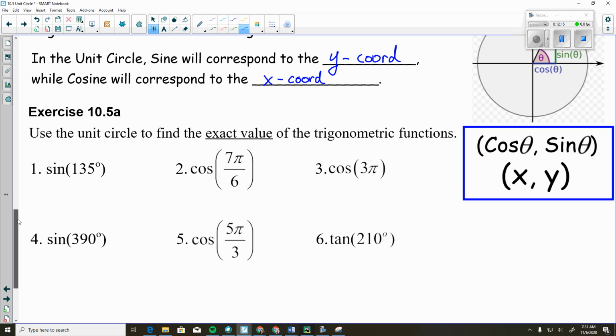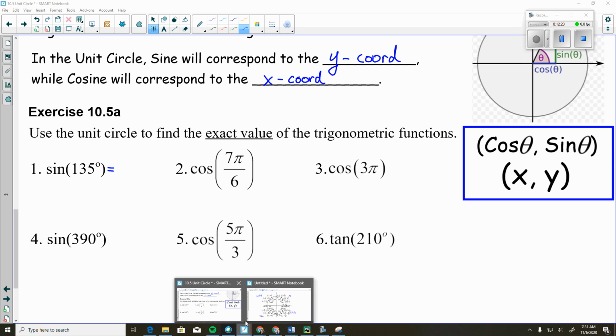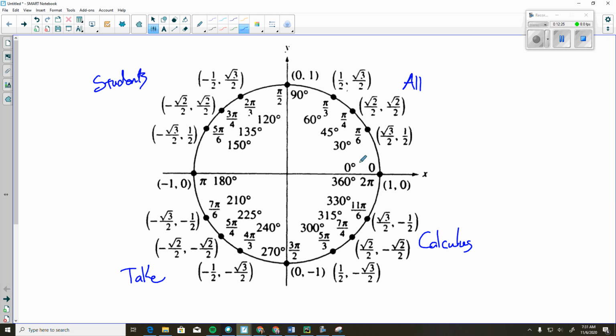So let's use our unit circle to figure out what sine of 135 degrees is, but without using a calculator. That means I'm going to go to the unit circle, find 135 degrees, which is right there. And then I'm going to remember that cosine is my x value, sine is my y value.